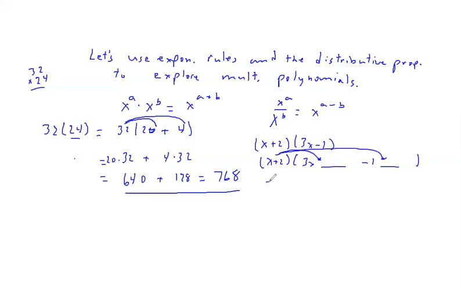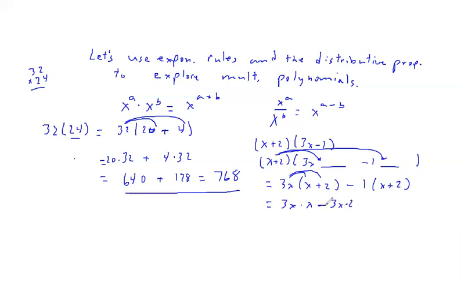So I get 3x times x plus 2 minus 1 times x plus 2. So then my 3x gets distributed right here, and I end up with 3x times x plus 3x times 2.